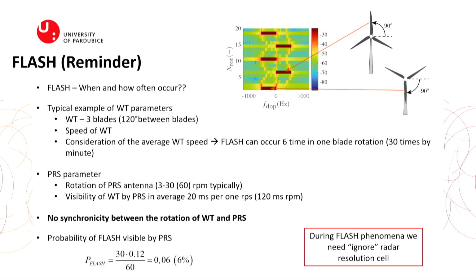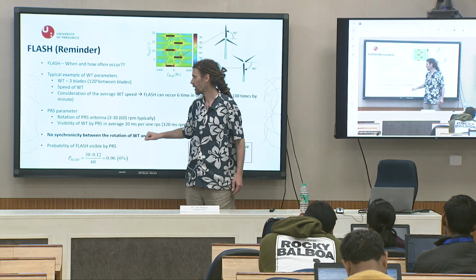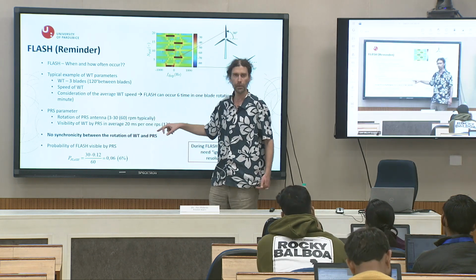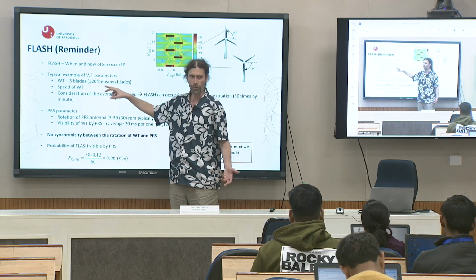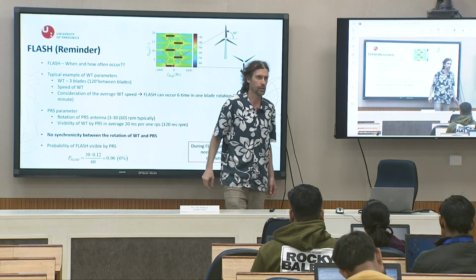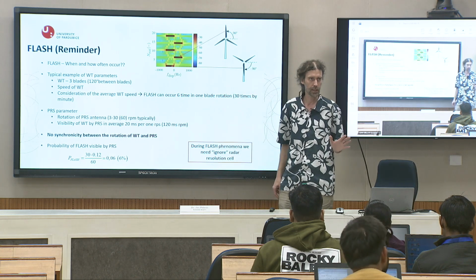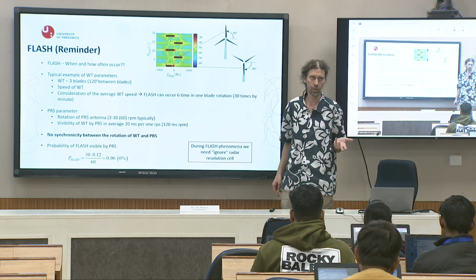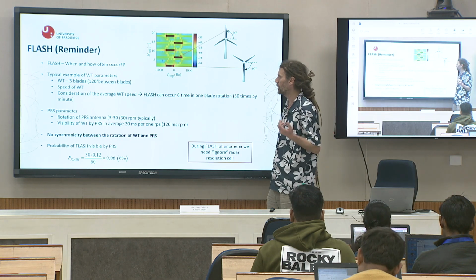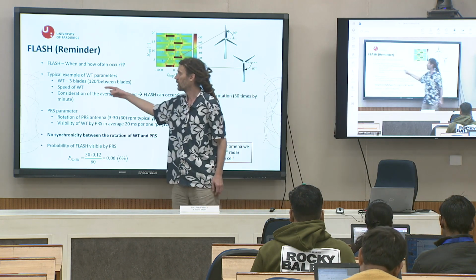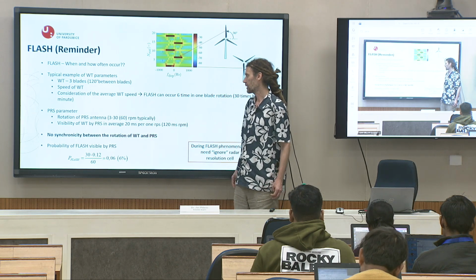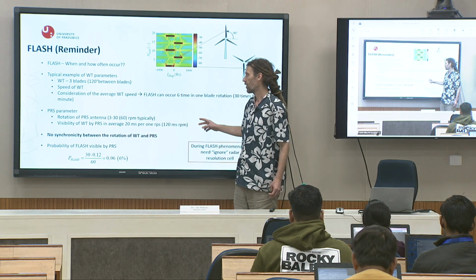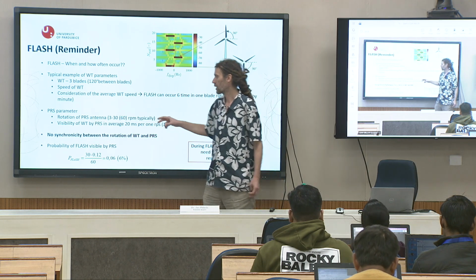It depends on the rotation of the PRS antenna, the visibility of the wind turbine by the PRS, and also on the wind turbines themselves. We consider only 3-blade wind turbines, because they are the majority of wind turbines.